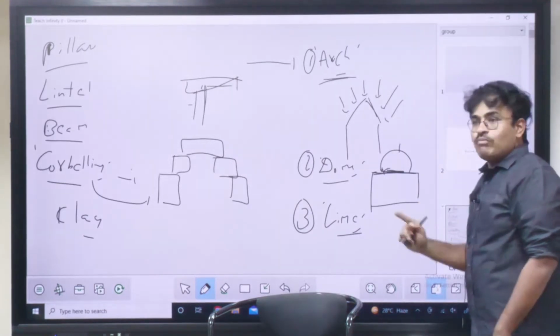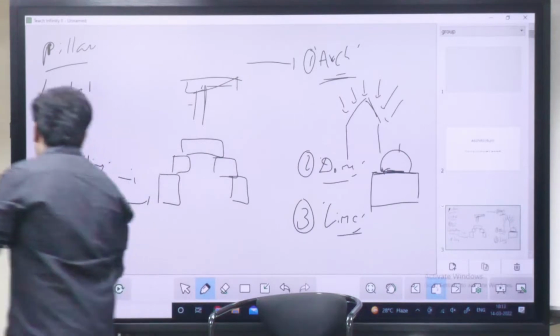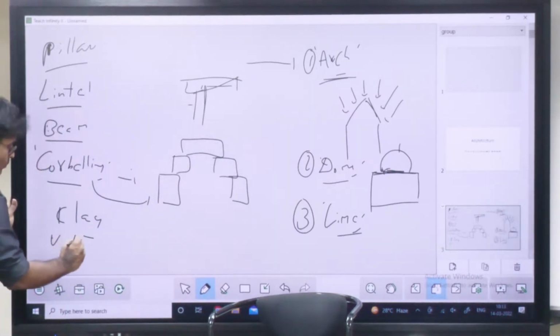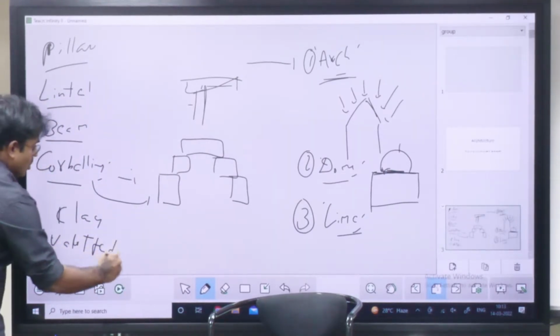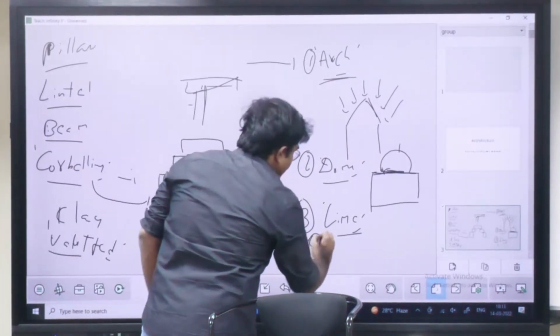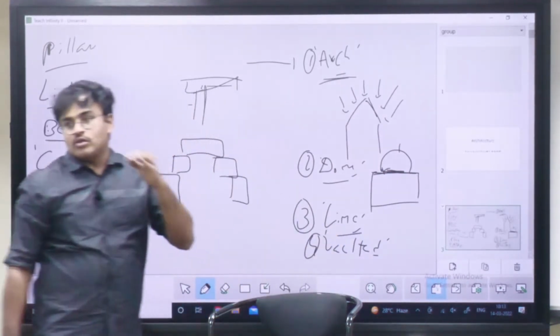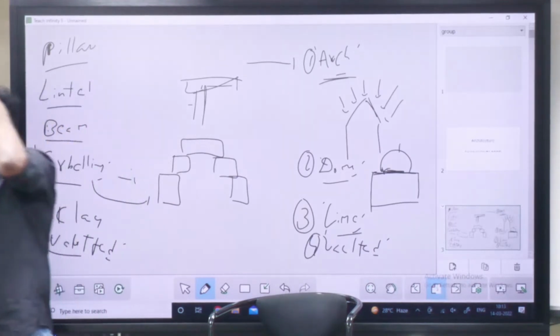Arch, dome, lime mortar. And one commonality between ancient and medieval architecture is the vaulted roof system, which you remember, the horseshoe-shaped, hut kind of thing I told you about. So the vaulted roof structure is common between ancient and medieval architecture.